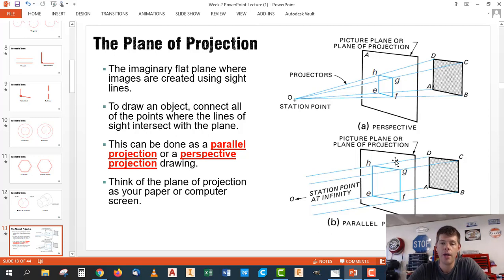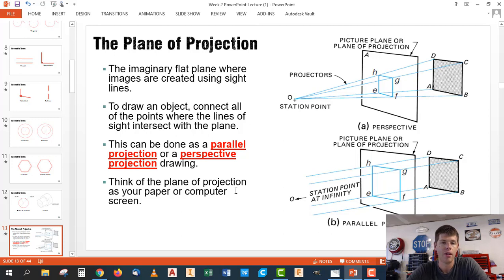Okay? So is perspective better than parallel, or is parallel better than perspective? Not necessarily. They just have their own advantages and disadvantages. In a nutshell, perspective projection drawings look more realistic, but you can't measure them. Parallel projection drawings do not look as realistic, but they are fully scalable and measurable, and that's why we use them.